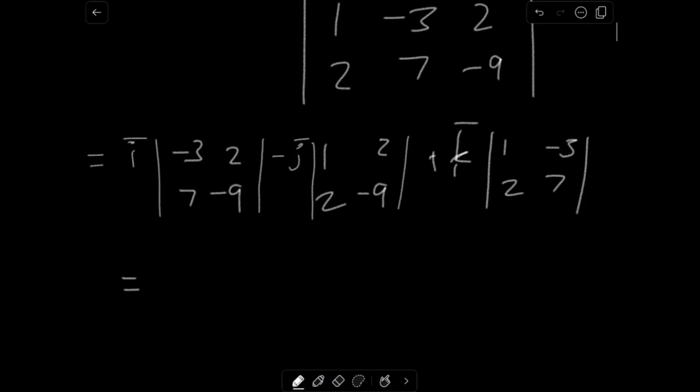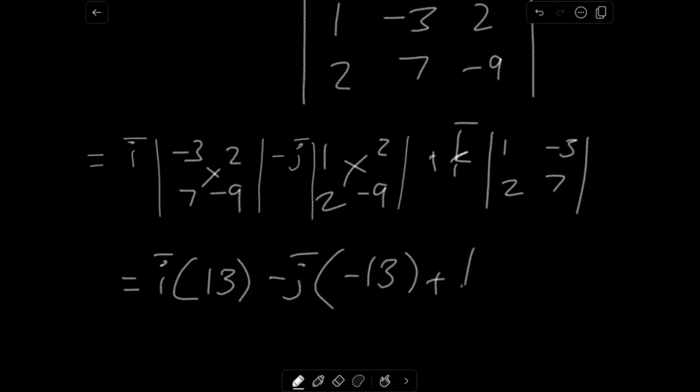All right, let's work out these determinants. So that's minus 3 times minus 9, 27, minus 2 times 7, so that's 27 minus 14, that's positive 13, right? 1 times minus 9 is minus 9, 2 times 2 is 4, minus 9 minus 4, that's minus 13, plus vector k times 1 times 7 is 7, 2 times minus 3 is minus 6, 7 minus minus 6, that's 7 plus 6, that's 13.